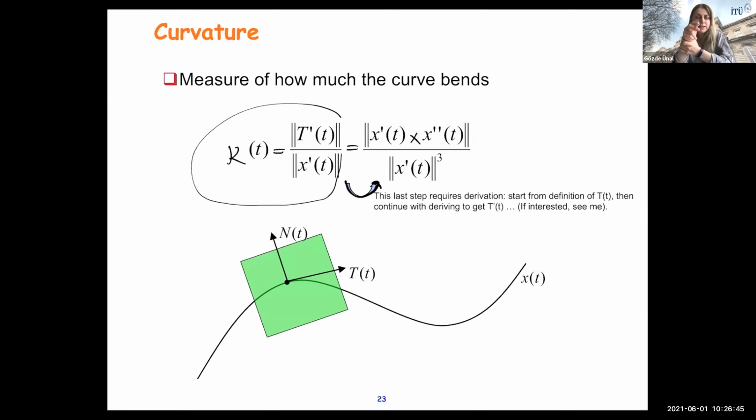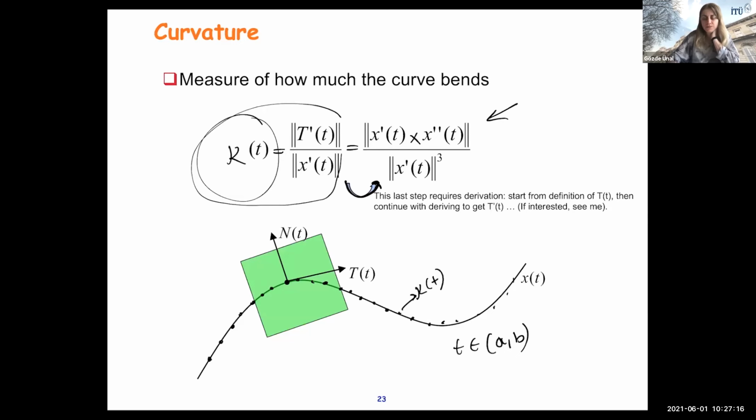In the denominator, I have the magnitude of x prime of t, which is the speed of the curve, cubed, and I have a way to calculate curvature, kappa, at each parameterization point. I mean, probably we have quantization, right, when we numerically implement this. t is, let's say, between a and b, it could be 0 to 1. And I am really calculating kappa at each of these points. Okay?